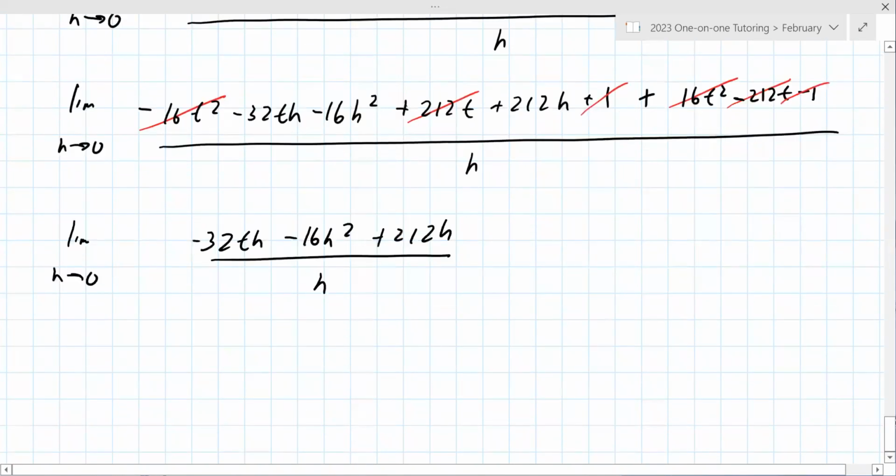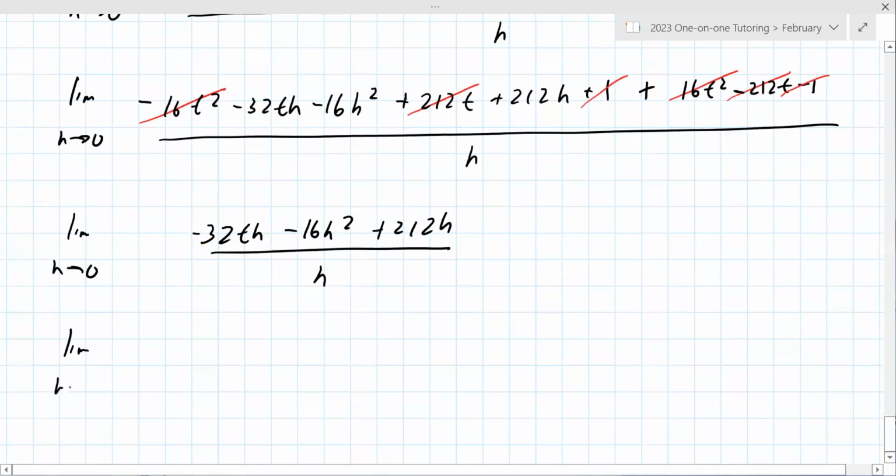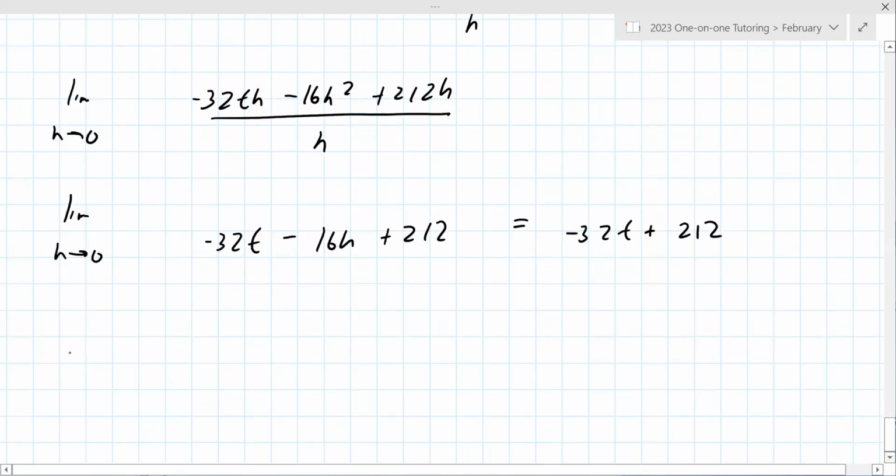So you end up dividing everything by h, so you get rid of this. Then you do negative 32t minus 16 times 0 plus 212. That's really good. That's your velocity function.